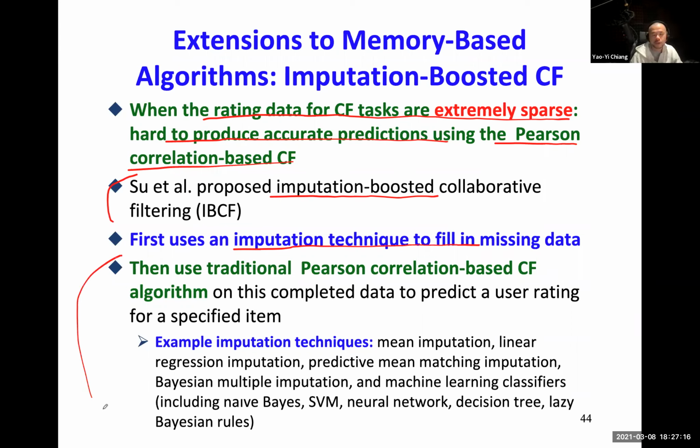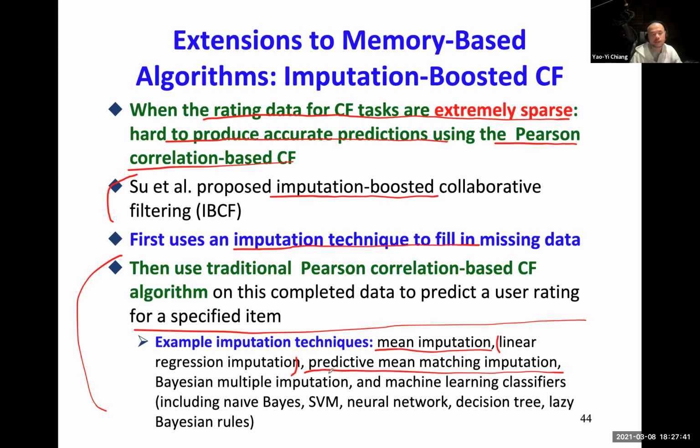Then use the traditional Pearson correlation-based method and do the prediction. So example imputation techniques: mean imputation, very easy. You just take the mean rating of all the items. You can do a linear regression, take a few items, trying to predict the missing value.